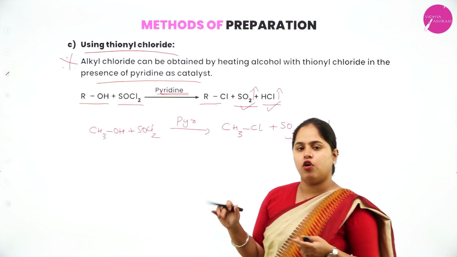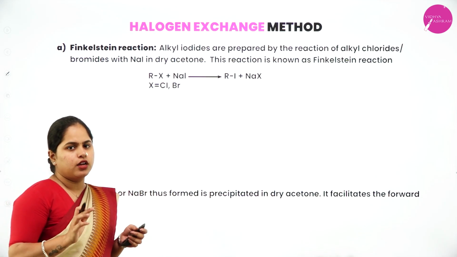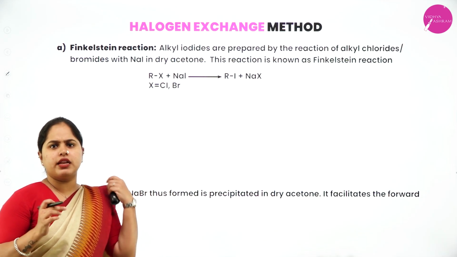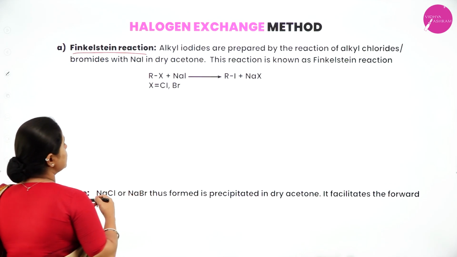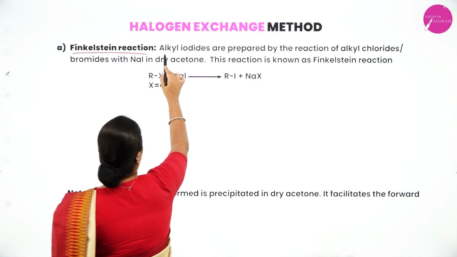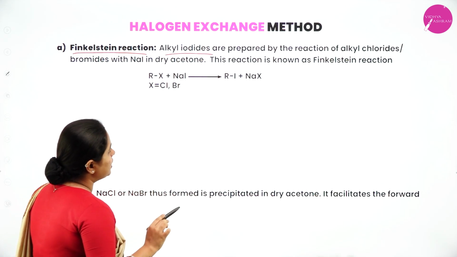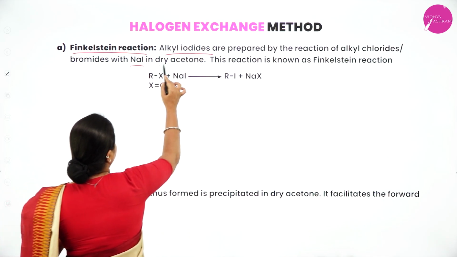So all of this was from alcohols. Now moving on to the next one, the halogen exchange method. From the name itself you can say there will be an exchange of halogen which is going to take place. So the first method is called the Finkelstein reaction. Alkyl iodides are prepared by the reaction of alkyl chloride or bromide with sodium iodide in dry acetone.